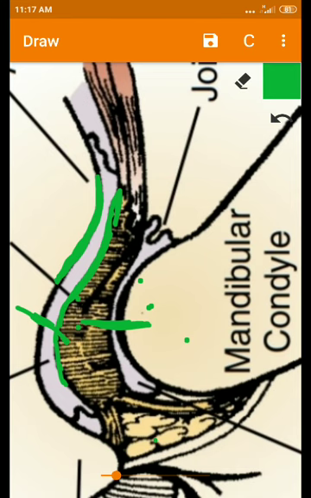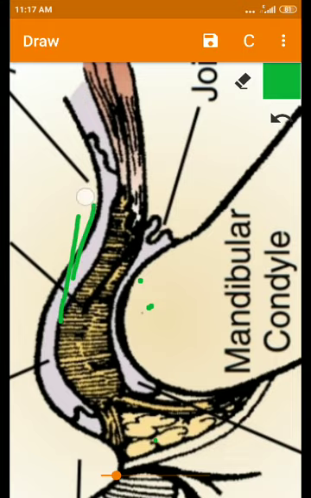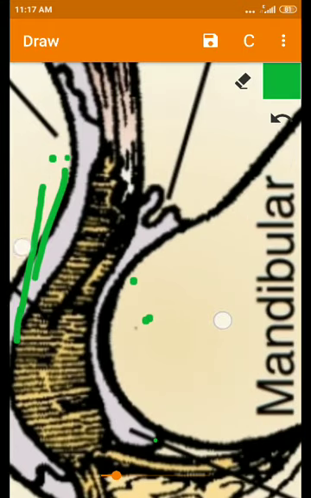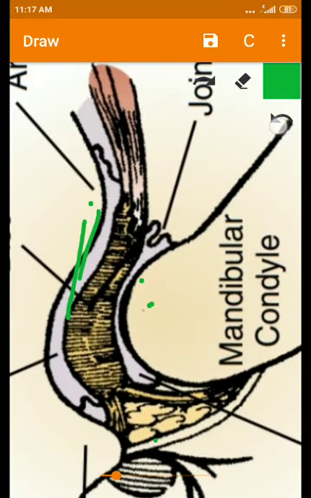Because of such an arrangement, the upper joint causes gliding motion. There is no rotation, so gliding motion takes place here.